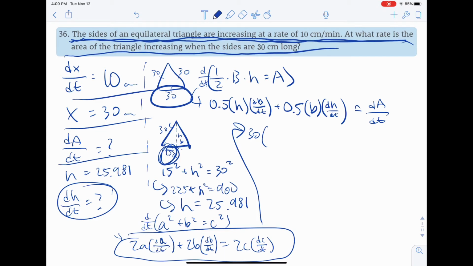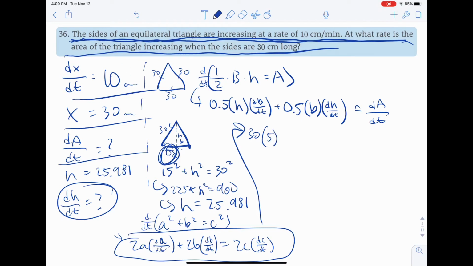It's like the similar shapes thing we learned. Because 30 divided by 15 is equal to 2, this should be 10 over 2. So basically, our derivative for the base of 15 of this triangle should be 5, half of our original derivative for the entire side.